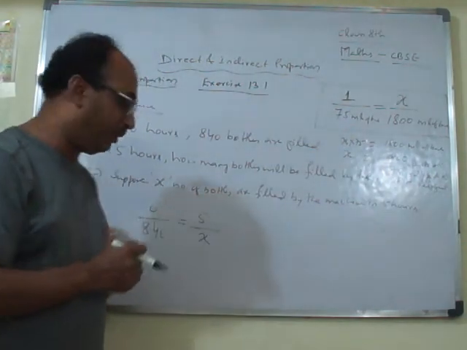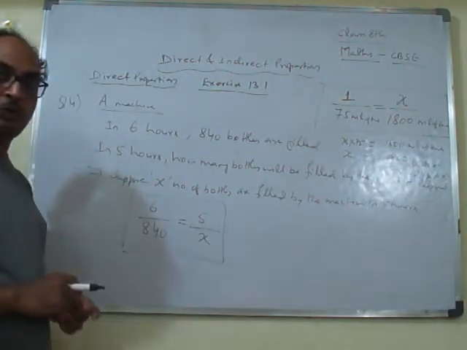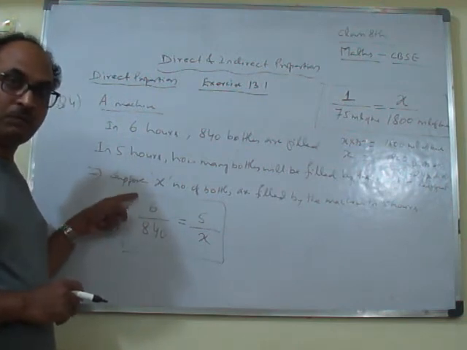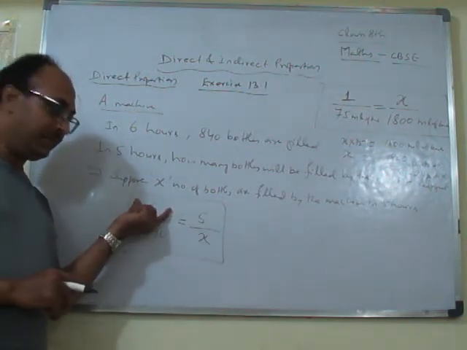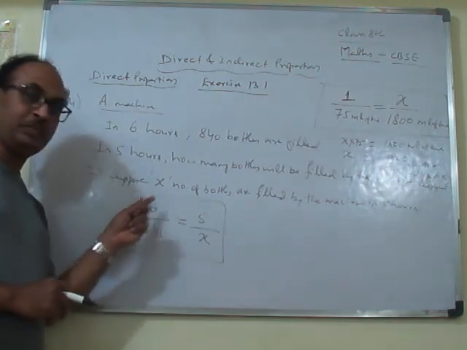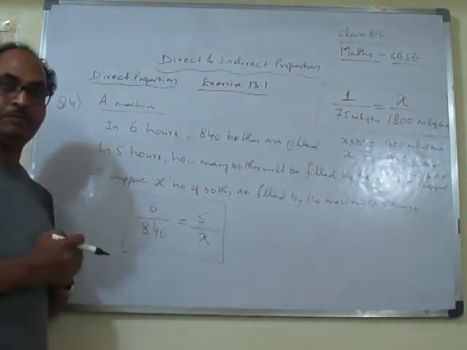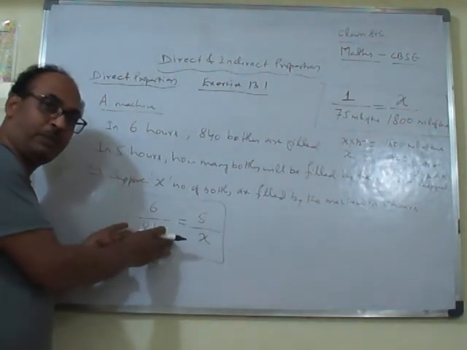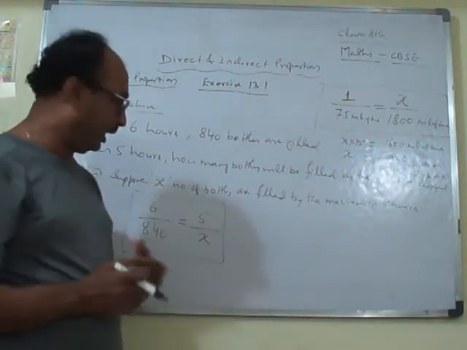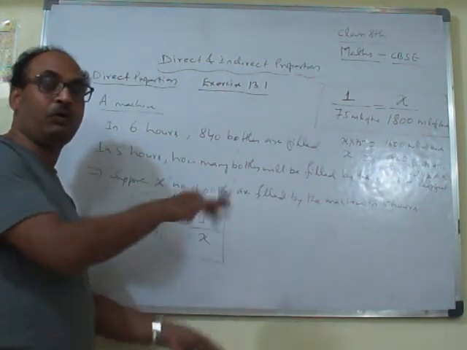What do we have to take care of? When we are making this proportion in direct proportion, if we are taking number of hours, or you can say time, in the numerator, then the numerators on both sides should consist of the same quantity. If time is here, time should be there also. In the denominator, if we have taken number of bottles, then here also only number of bottles should be there. This particular care has to be taken. Otherwise, it will go towards the reverse side.